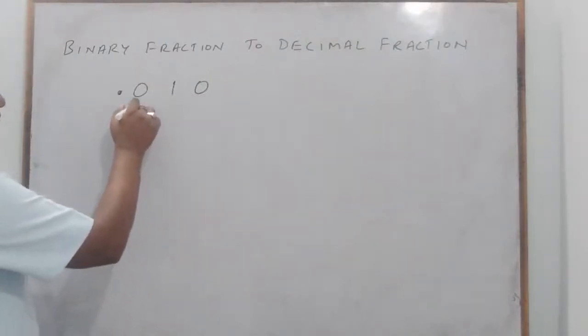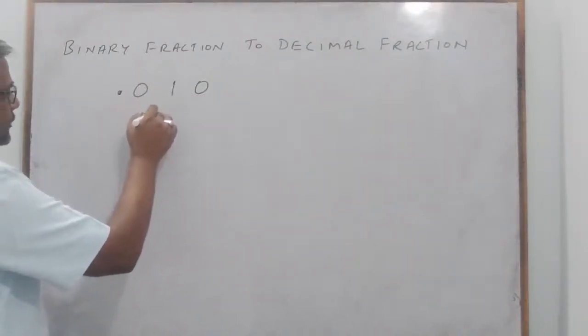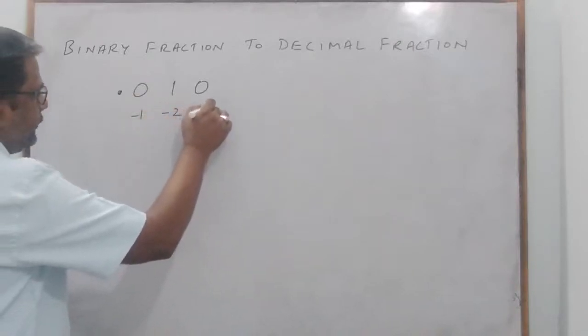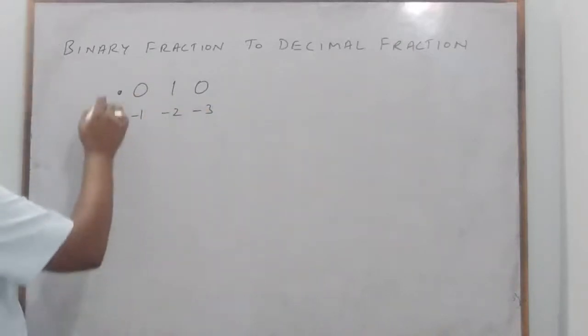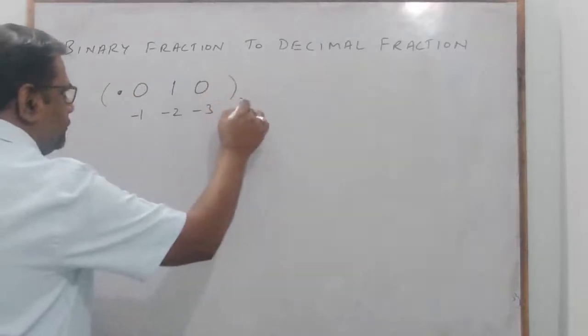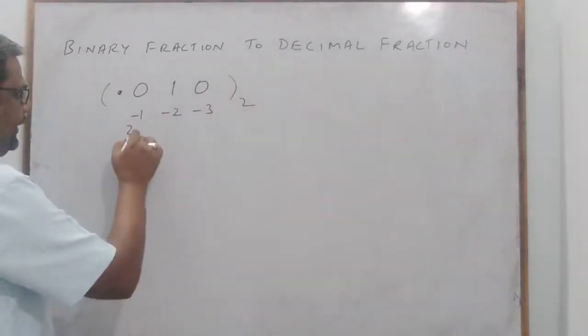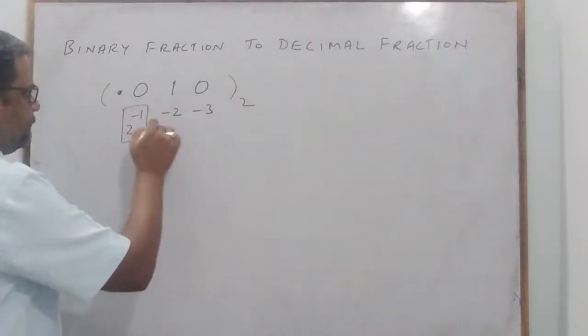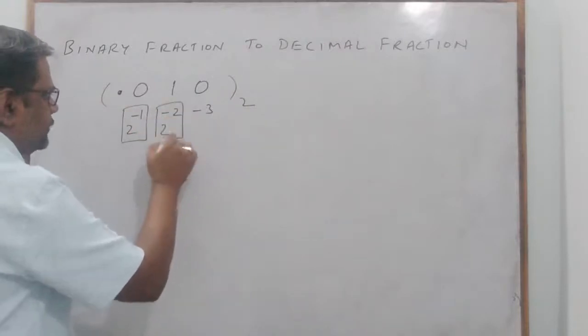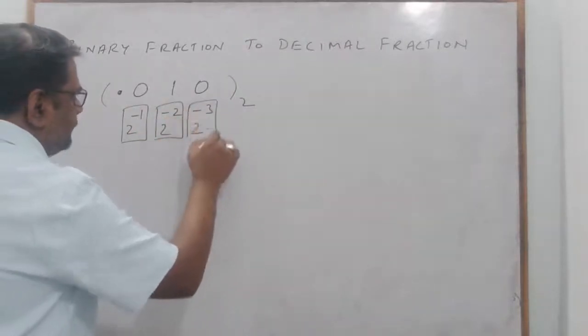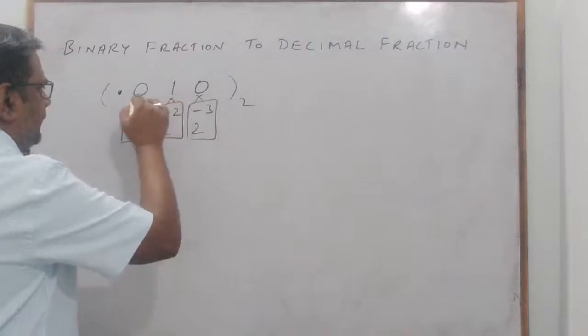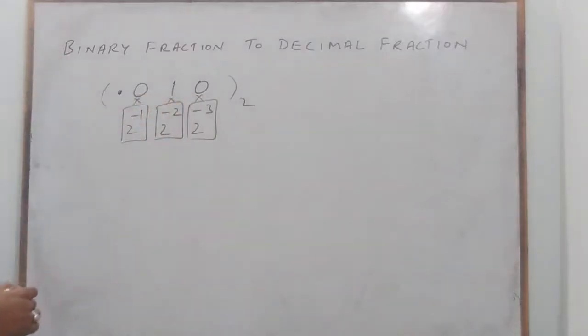The position of this value is -1, this is -2 and this is -3. Simple. Since we are working in base 2, you will take 2 to the power -1, 2 to the power -2, and 2 to the power -3. You will multiply these and you will get the solution.